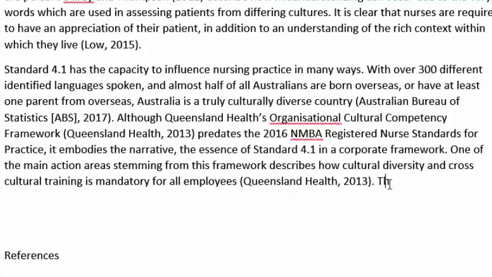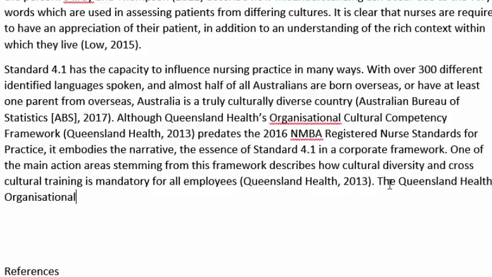So bringing it all together, the Queensland Health Organisational Cultural Competency Framework. Now I'm writing this out again because I could say this framework, but I've used that already, and sometimes you want to make sure you know what this is when you refer to it, so actually give it a name.